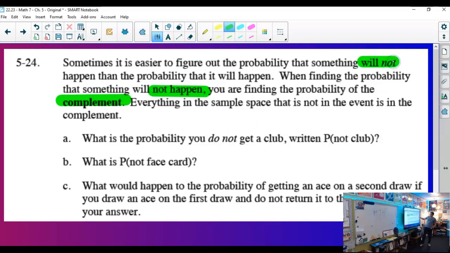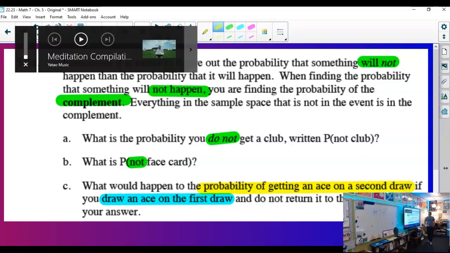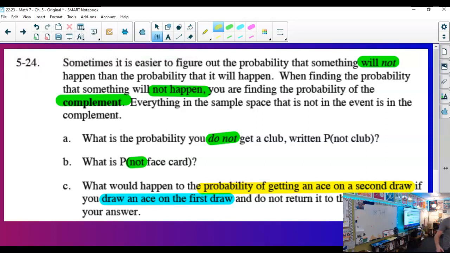Probability that we do not get a club, wouldn't that be, we count out how many cards there are, and then we count out how many clubs, and then it would be the cards over the clubs, right? Mr. Hudson, would it be the amount of cards over the amount of clubs?